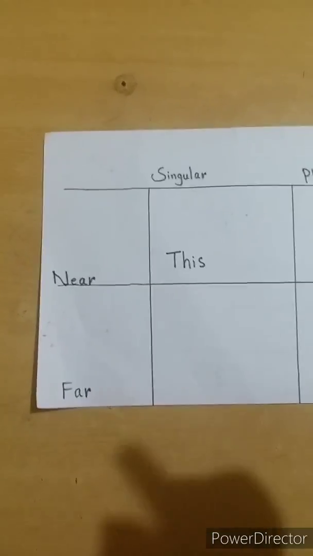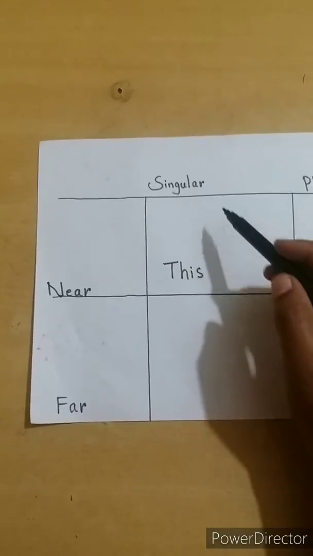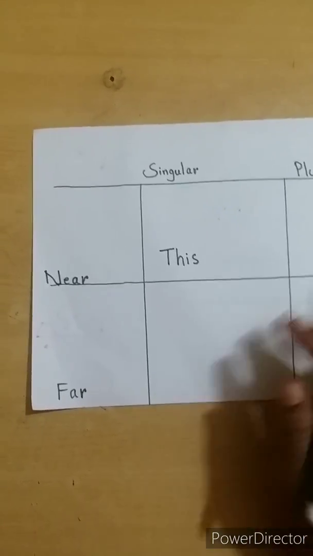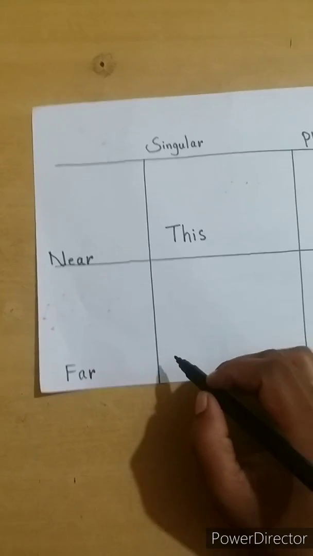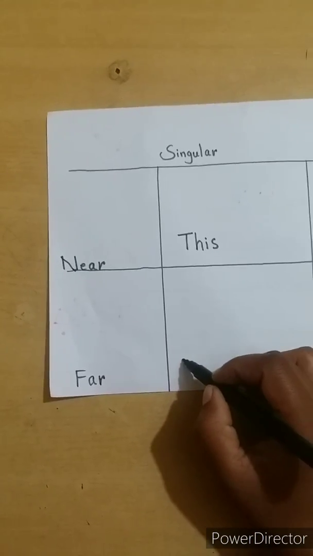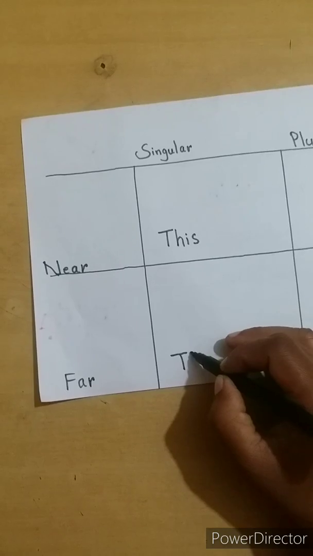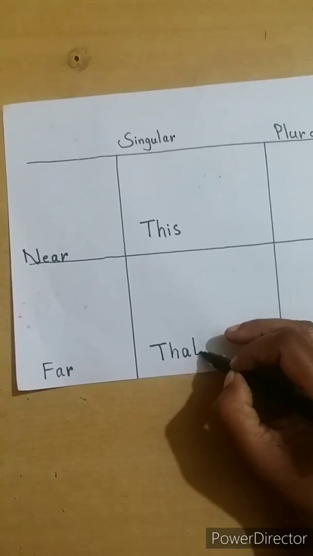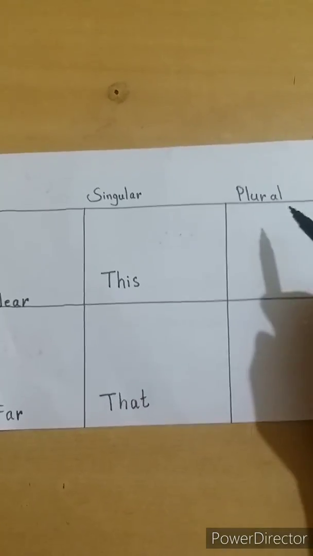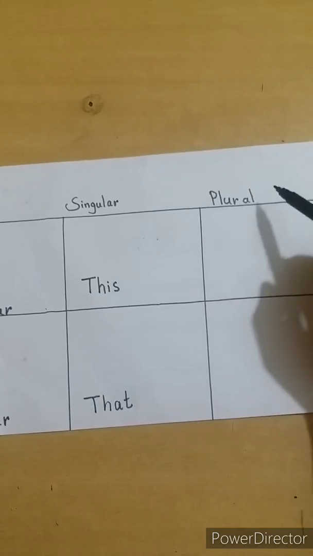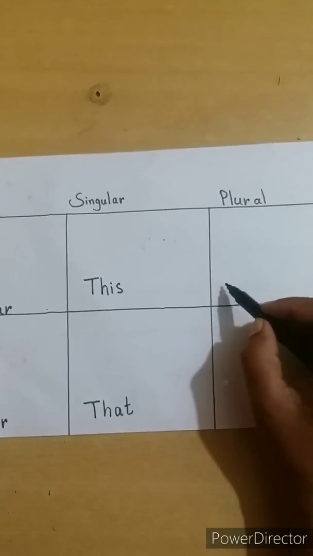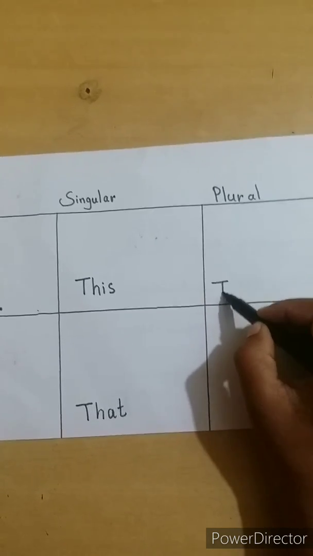And if the person or things or animals are far away and singular, then we have to write that. But if the person or things are near to us and more than one, plural, then we will write these.